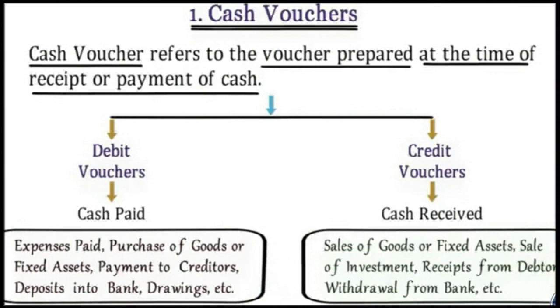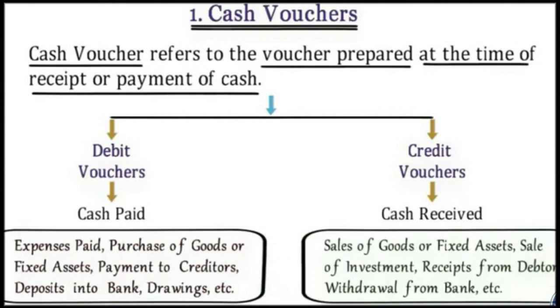When fixed assets are purchased, we pay cash. When paying a creditor, we are paying cash. When depositing money, cash is being paid to the bank. And when drawings are made, cash is paid to the owner. So these are examples of when a debit voucher is prepared.